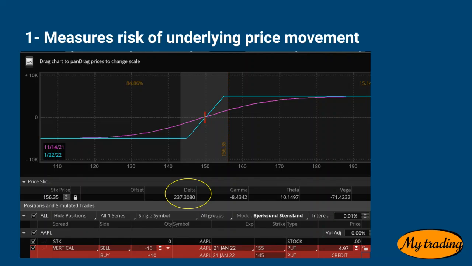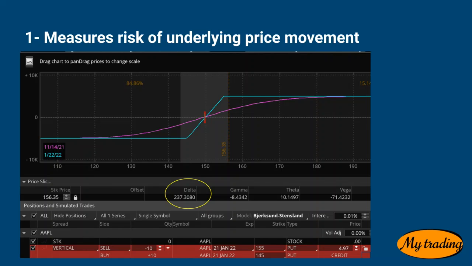Okay, so first, delta measures the risk of underlying price movement. Looking at this example, which is the same one I used in the intro to Greeks, I've got this larger position of 10 contracts on. I put it on for a $5 credit, or near a $5 credit. The important thing I want to call your attention to is this delta of 237. What does that mean?